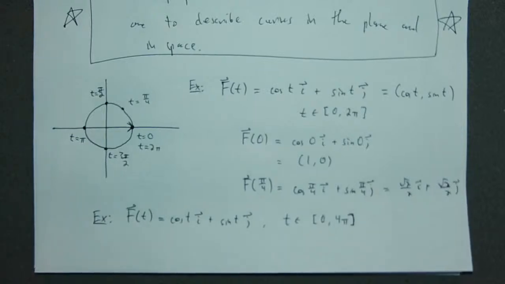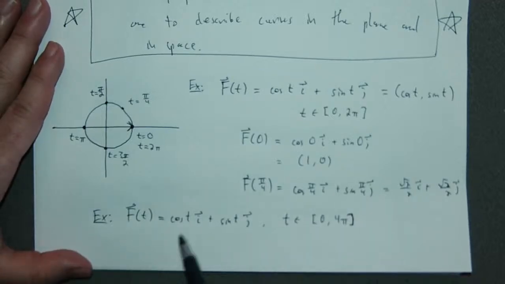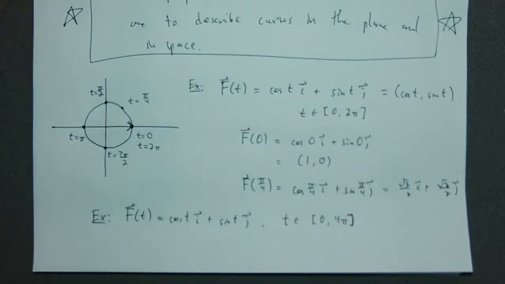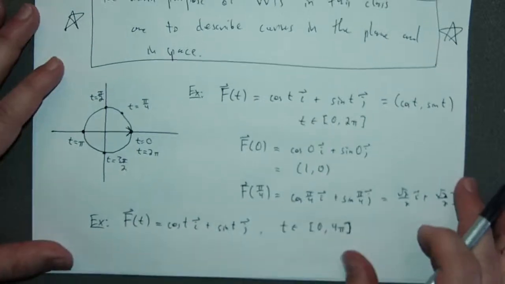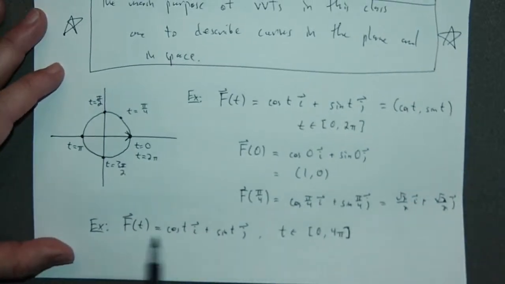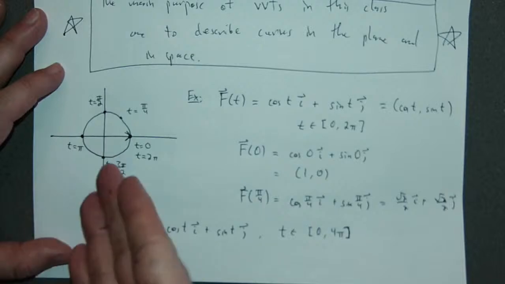Is this the same vector valued function as this? Well, no, it's not the same. In fact, it has a different domain, so it has more data. But what is going on here? If you were to draw this, however, it would look the same just looking at it.